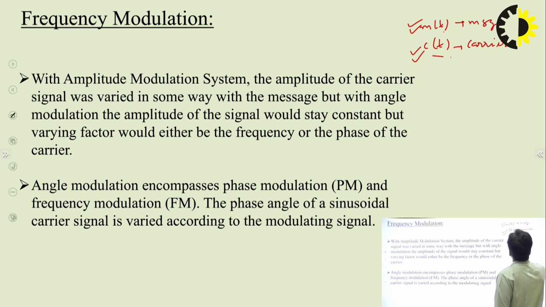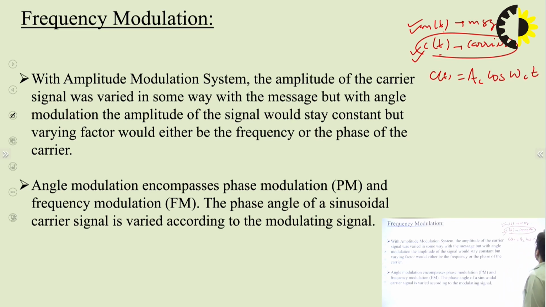If we talk about the carrier signal here, it can be represented by A_c cos(omega_c t). Here A_c is the amplitude of the carrier signal, while omega_c t is the total angle of the carrier signal. So theta_c(t) is equal to omega_c t. This is the angle of the carrier signal.